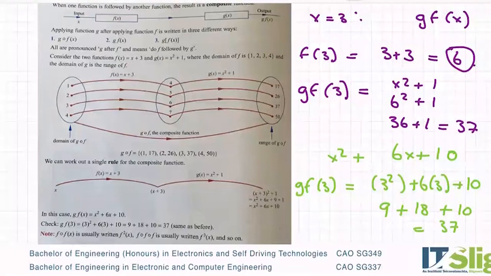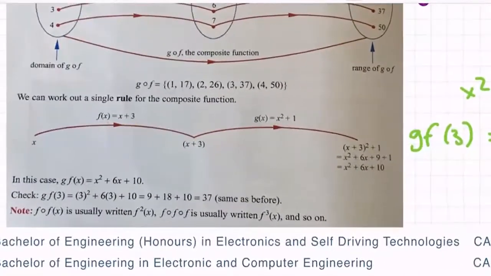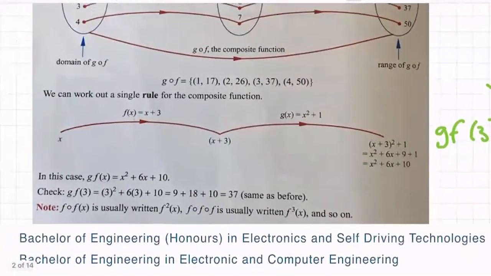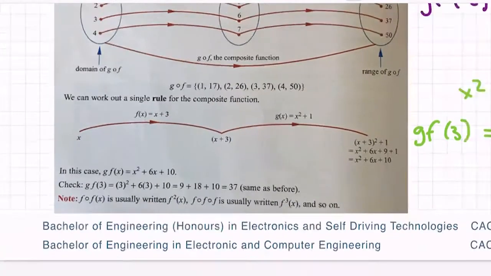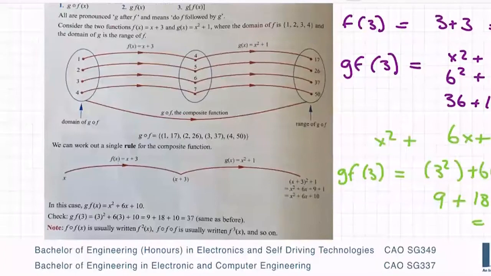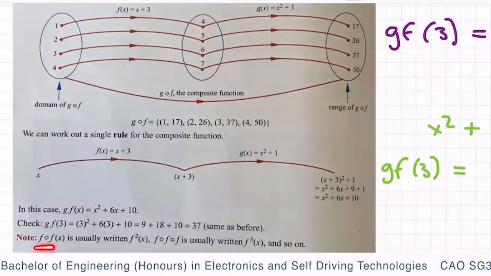Okay, the last thing I want to show you is just written down here on the note, and I took this diagram from Project Maths book because I think they do a good job of summarizing it all. This doesn't come up too often, but what does it mean? Okay, when it's written as f after f of x, that's not too bad.